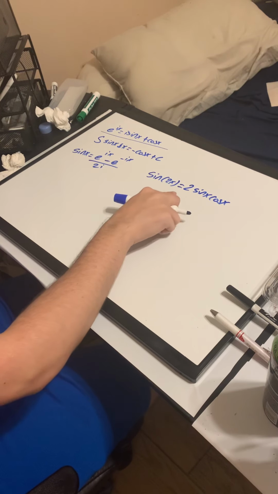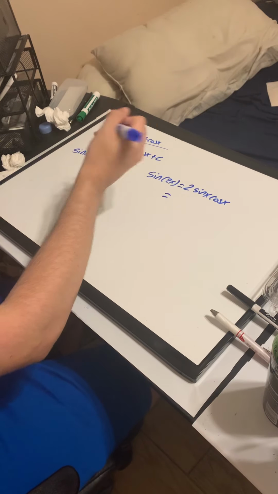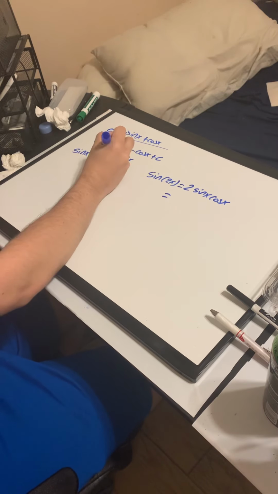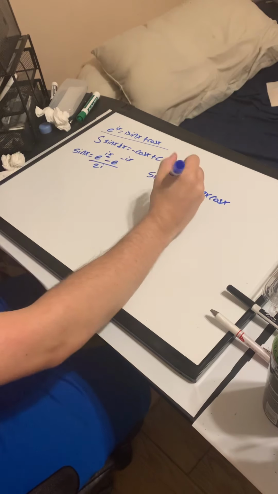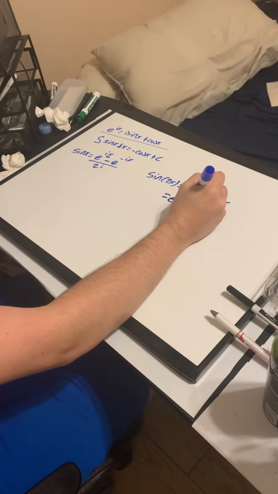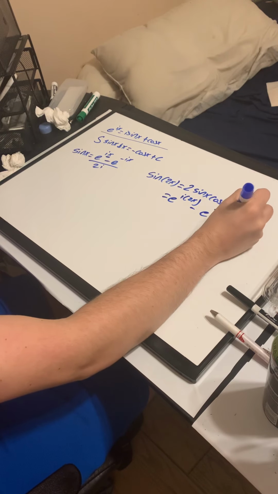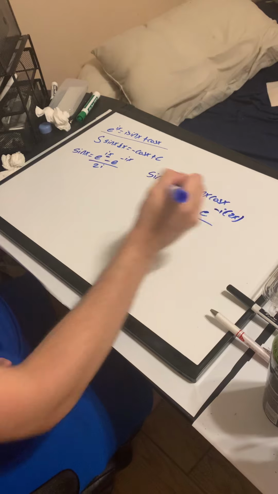So you can write this as 2 sine x cosine x, or simply do what we did before. I'm going to throw my argument in wherever I see this x. So this becomes e to the i 2x minus e to the negative i of 2x, all over 2i.